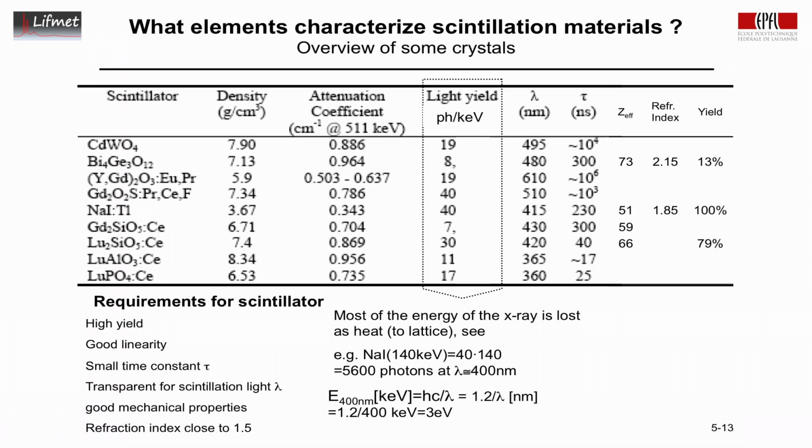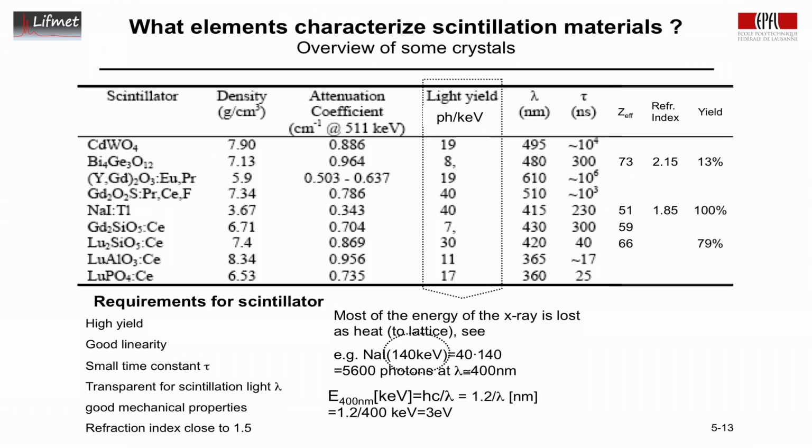Now the energy at 400 nanometers, we can calculate from the equation we've introduced in week 2. That's given by hc over lambda, so it's 1.2 divided by lambda. If we give lambda in nanometers, that's the energy in kiloelectron volt. So that's 1.2 kiloelectron volt divided by 400 nanometers. And so the visible light photons have an energy of 3 electron volts.